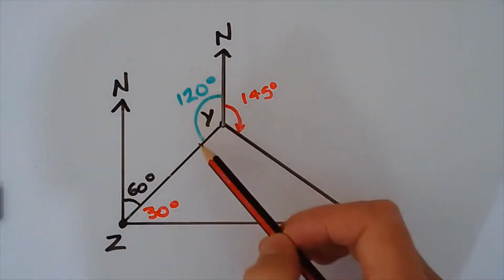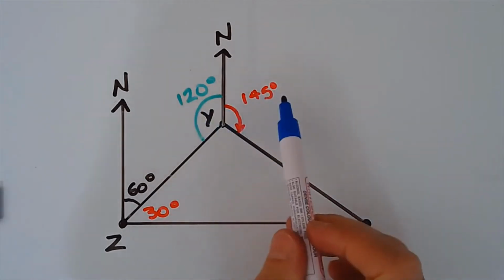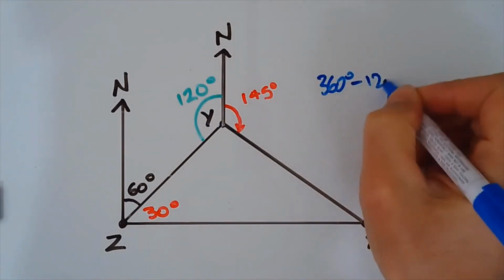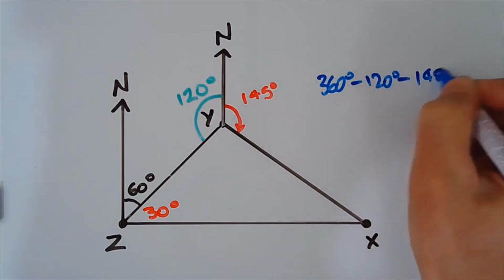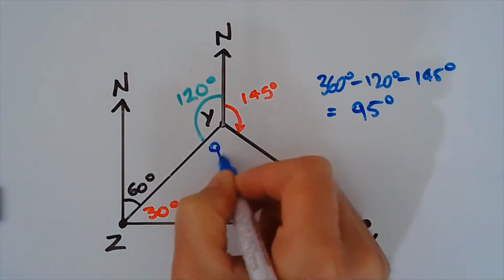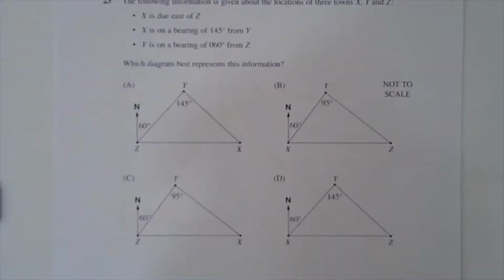So that's 120 degrees there. And angles at a point add up to 360 degrees. So 360 minus 120 degrees minus 145 degrees will give us 95 degrees. And so the correct answer is option C.